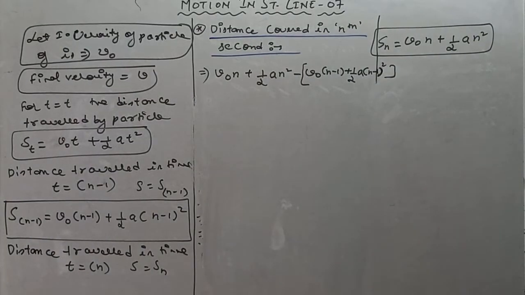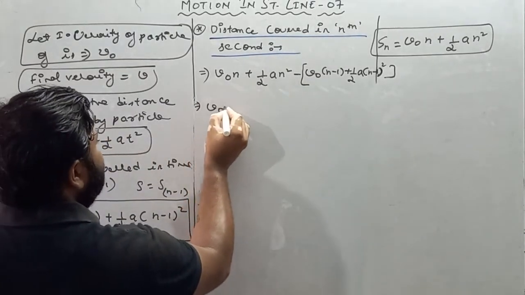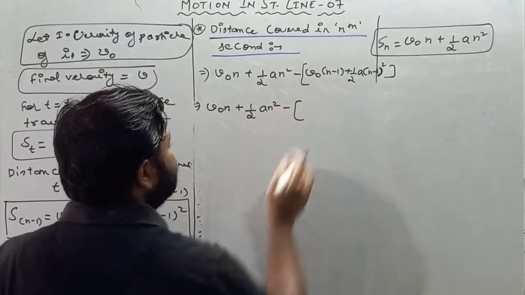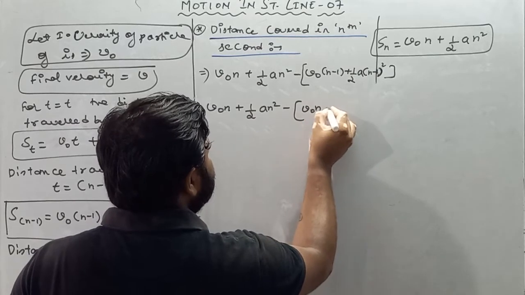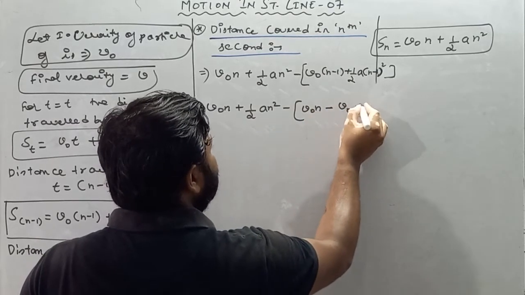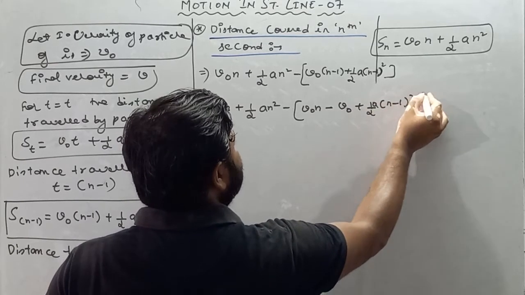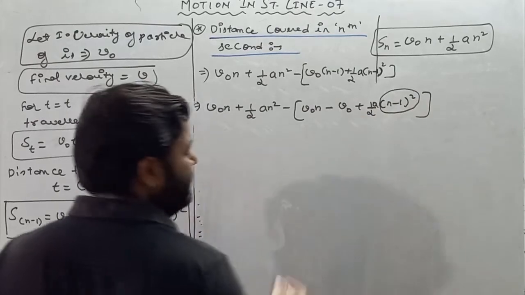Try to simplify this equation. You will get, my dear student, v naught n plus half a n square minus, multiplying v naught with (n minus 1), v naught n minus v naught plus half a (n minus 1) whole square.